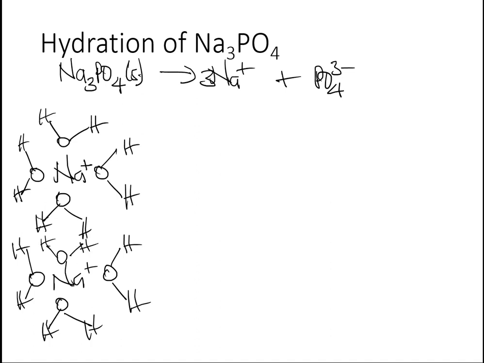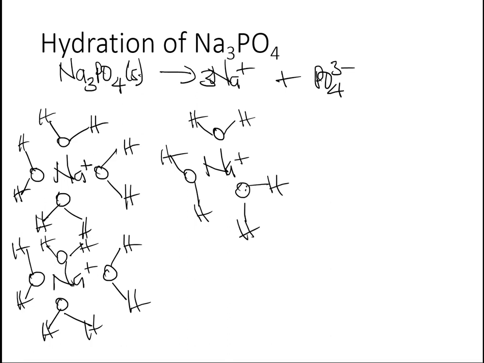And the third sodium is somewhere here, also surrounded by water, but the oxygens are close to it. Then we have our PO4 3 minus, now close to the hydrogen.